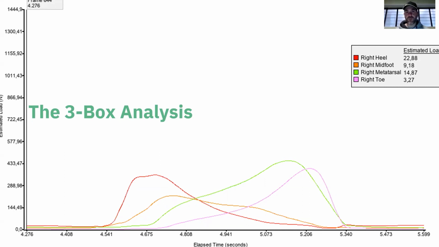By looking at this graph, you can easily identify how each segment of the foot is contributing to the overall function of the foot during the strike, during the mid stance, and during the propulsion and toe off, helping drive better decisions in order to optimize performance and rehabilitation.